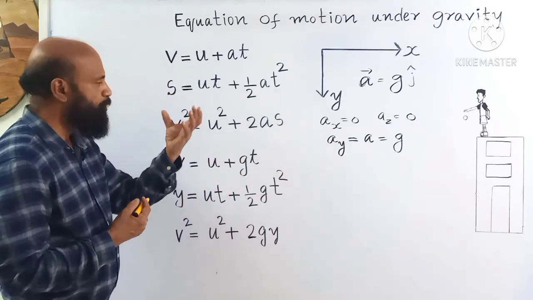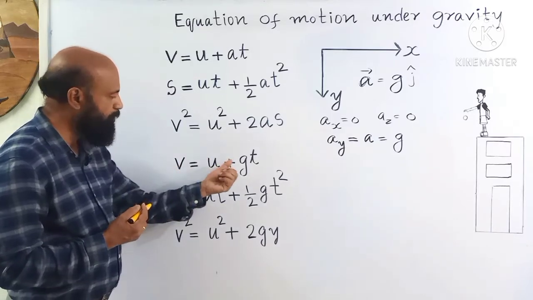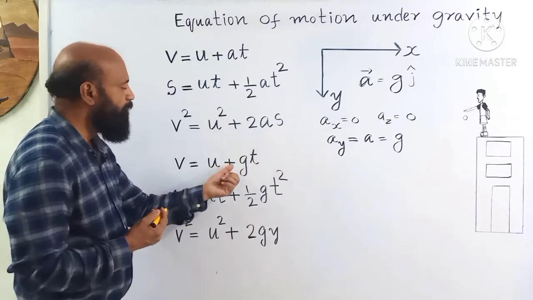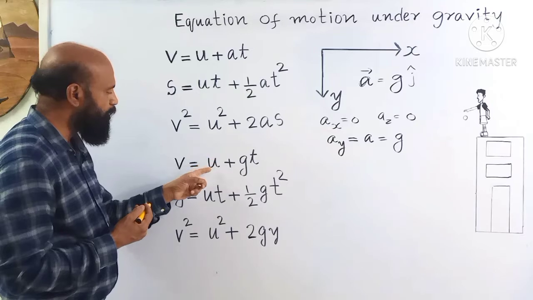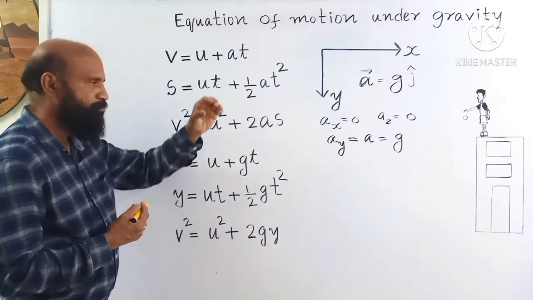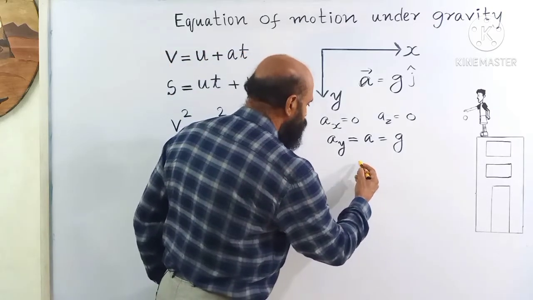Suppose the body is moving in the downward direction, v is equal to u plus gt. Then if you are dropping, initial velocity will be 0. When u is 0, then the relation is v is equal to gt.